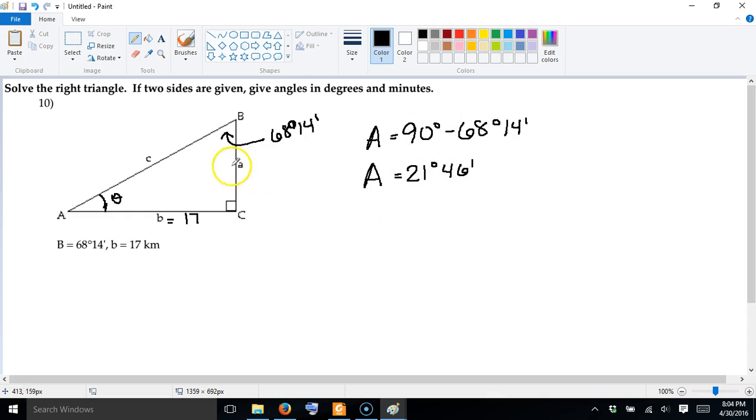Now, what we need to solve for is A and C. And if you remember this right here, then you should be pretty good on this. Now, I've always said that what you solve for on your triangle and plug in here for your angle measurements, use what is given to you.